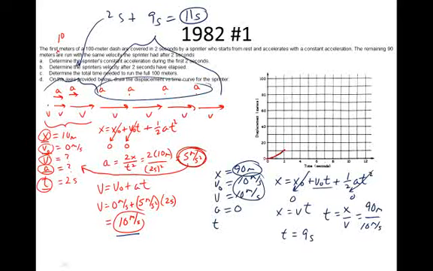All right. Then at that point, it takes the runner a total of 11 seconds to run the race. So the final point would be there, and the part where the velocity remains constant would start right here.